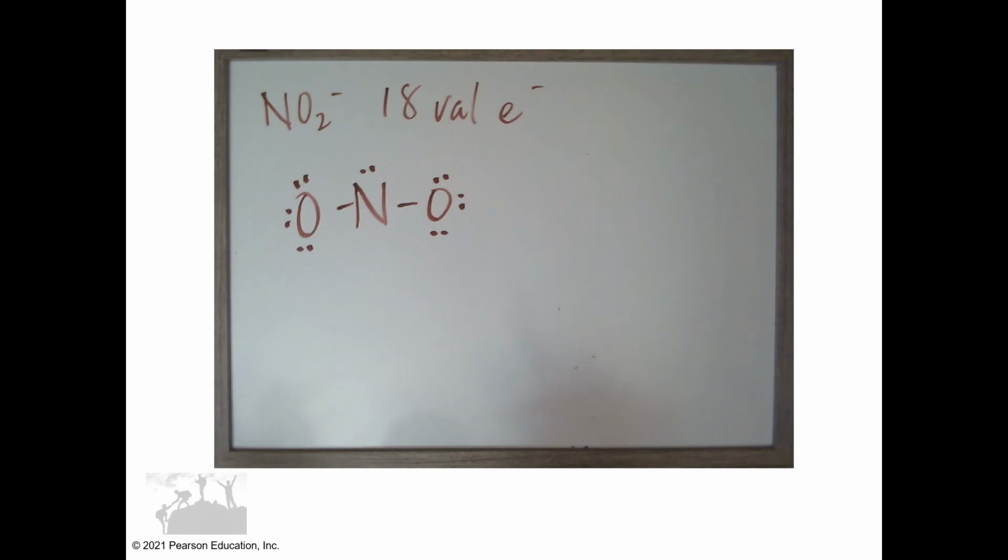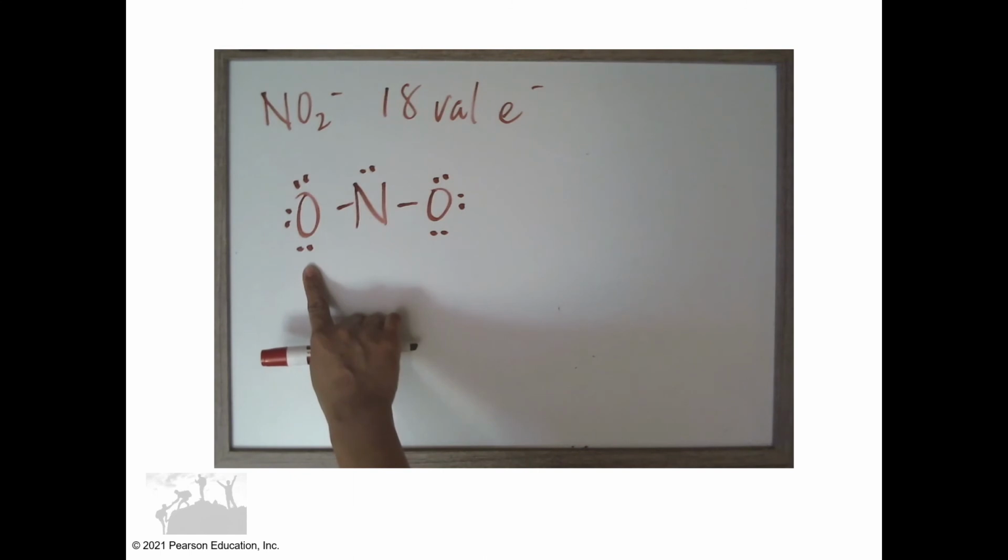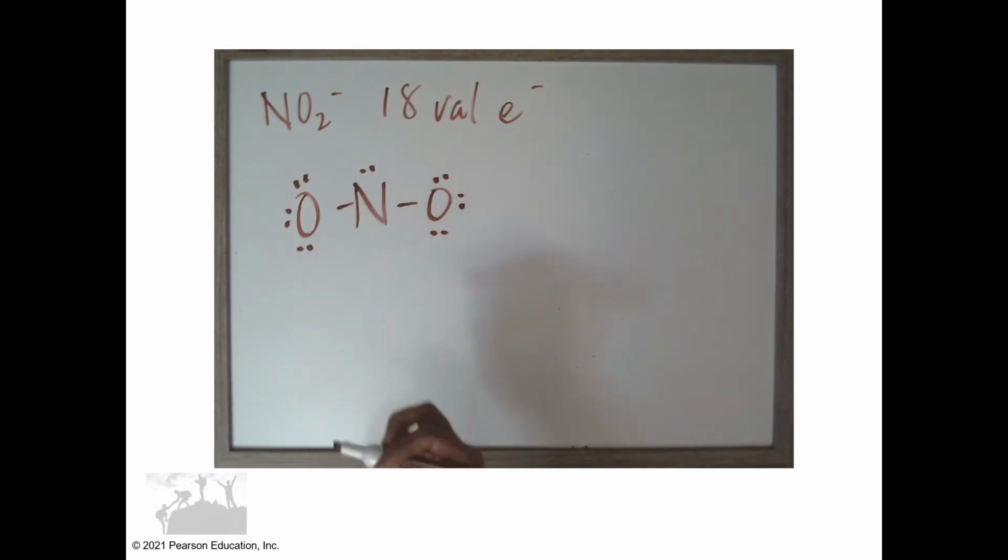In an earlier exercise, we saw that turning 1 electron pair into a covalent bond will do the trick. So let's change this lone pair here.